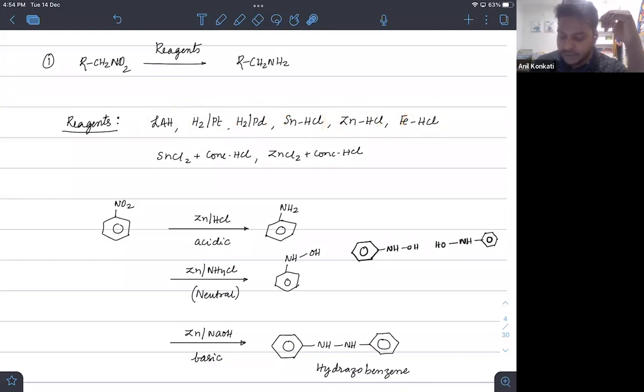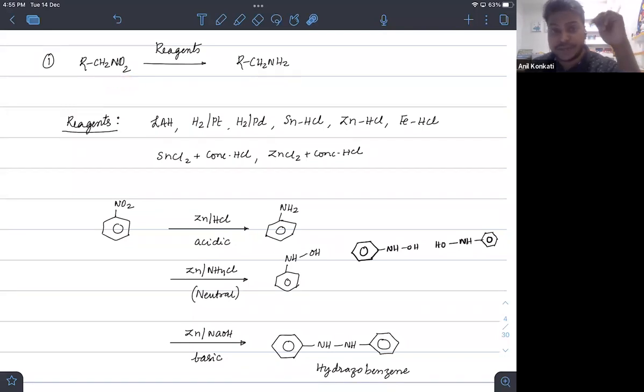Or even SnCl2 in concentrated HCl or ZnCl2 in concentrated HCl. Wherever we are using acids, they are a source of nascent hydrogen and they will reduce the respective nitro group into amines.